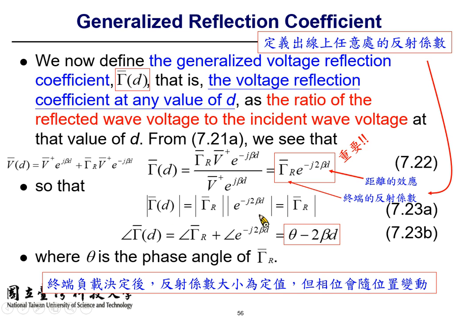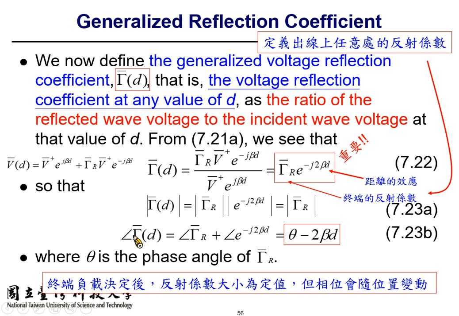So the reflection coefficient magnitude stays the same once you fix the termination. So the magnitude of the reflection coefficient at d equal to 0 and at any other value of d are the same. However, if you check the phase of the reflection coefficient at a different position, they are substantially different.